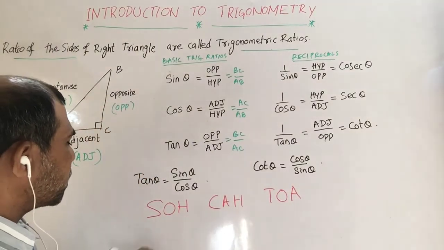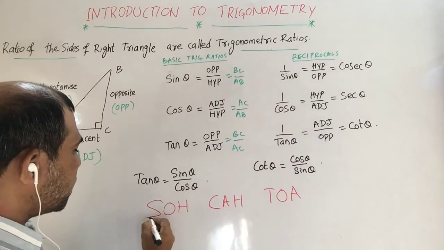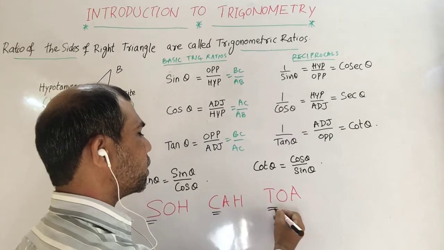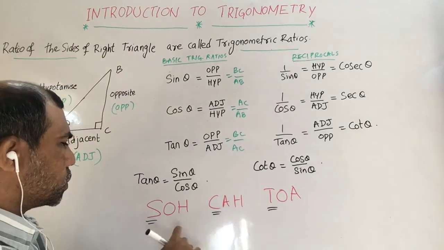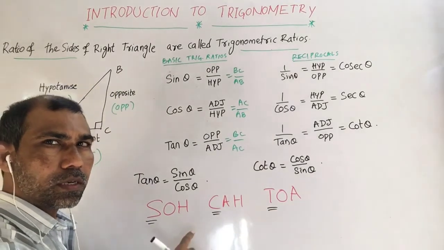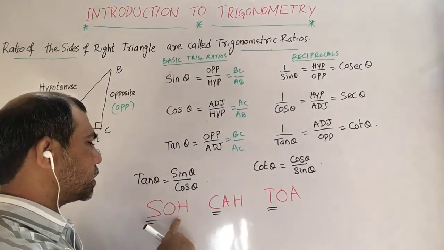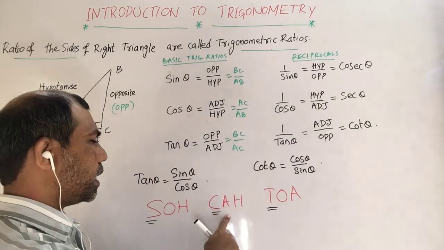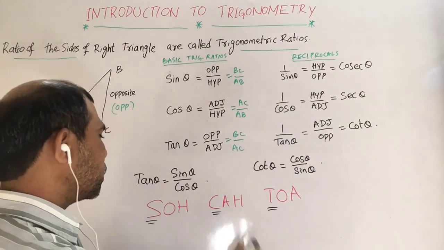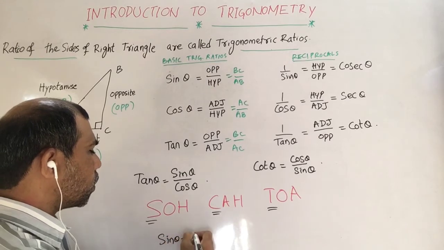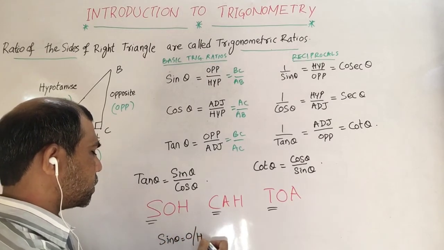S stands for sine, C stands for cos, T for tan, and of course you might have guessed O for opposite, H for hypotenuse and A for adjacent. So sin theta is equal to opposite over hypotenuse.